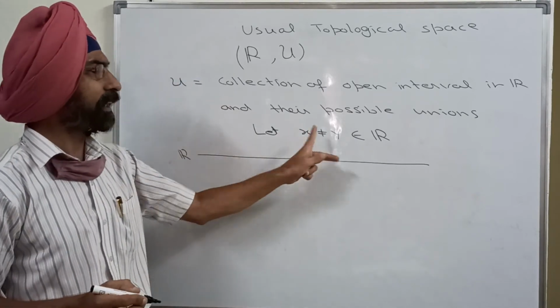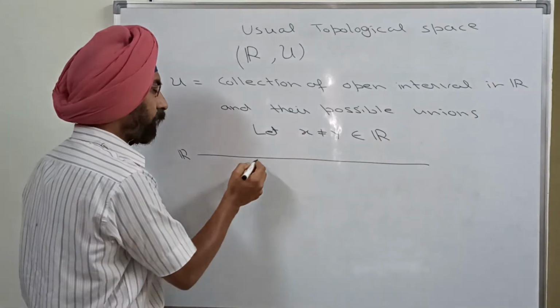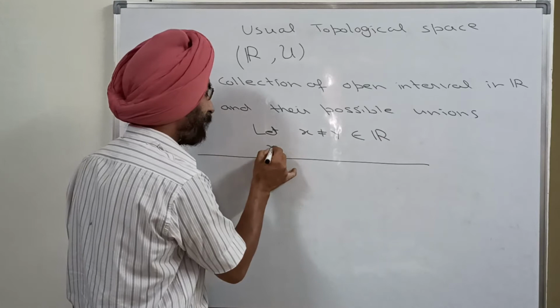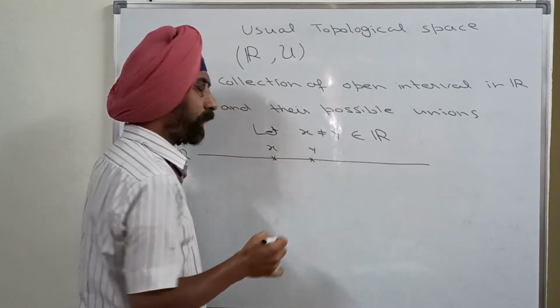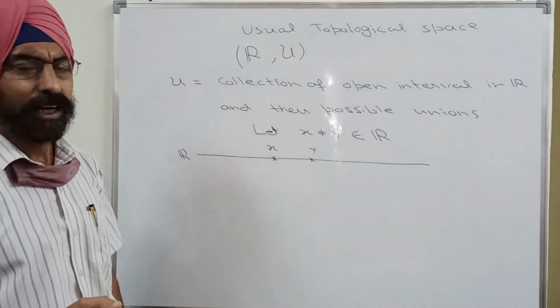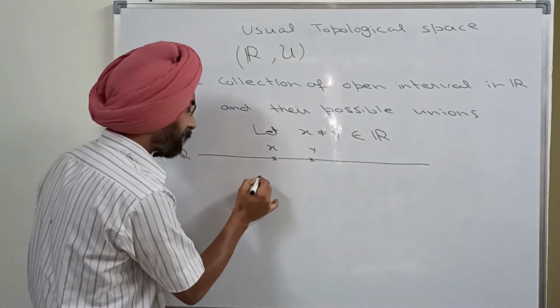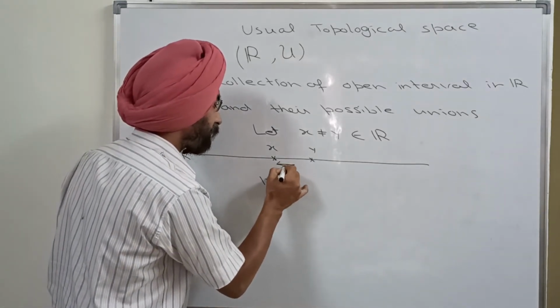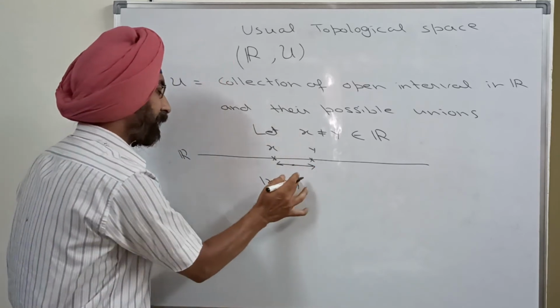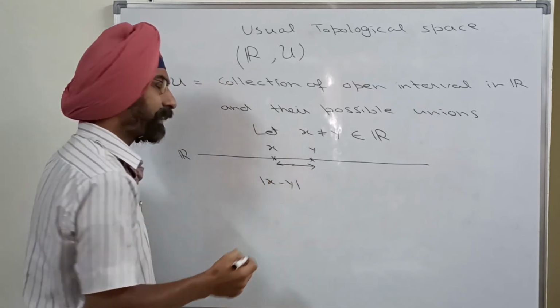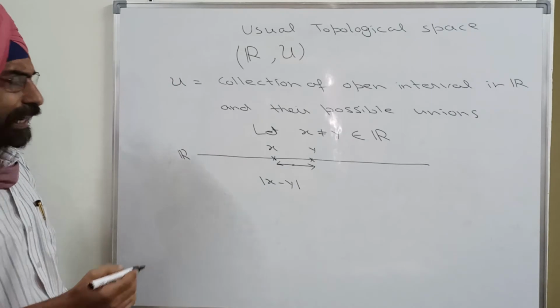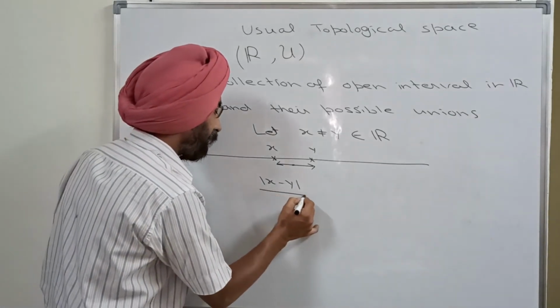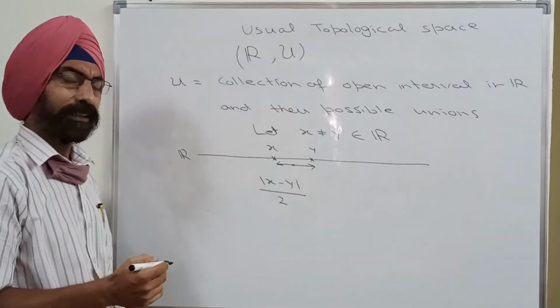And since x and y are real numbers, we can represent x and y on the real line. Now, take the distance x minus y, take this distance mod of x minus y and half of that.